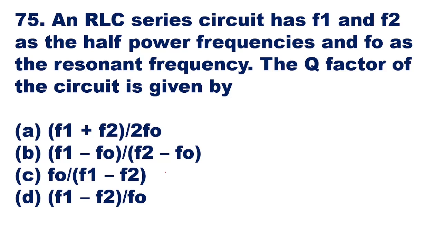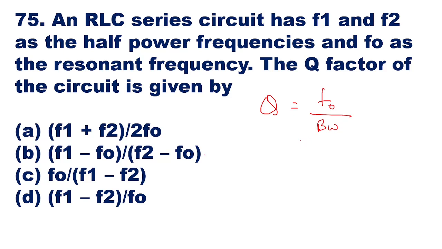An RLC series circuit has F1 and F2 as the half power points and F0 as the resonant frequency. The Q factor of the circuit is given by what? Now we know the Q factor of the circuit is given as the resonant frequency upon the bandwidth.